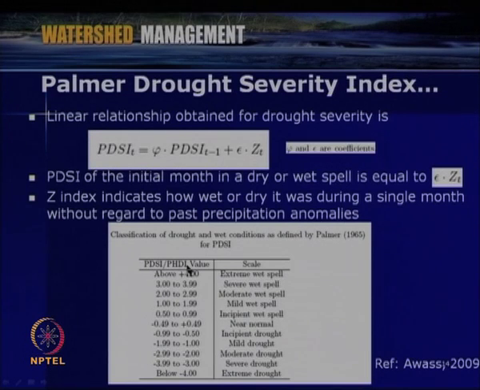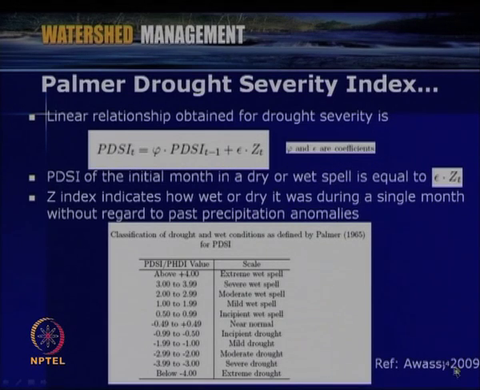So, PDSI value above 4 is an extremely wet spell, so much rain is there, and between 3 to 3.99 severe wet spell, then 2 to 2.99 moderate wet spell, 1 to 1.99 mild wet spell, then 0.5 to 0.99 incipient wet spell, minus 0.49 to 0.49 near normal, and minus 0.99 to minus 0.5 incipient drought, then minus 1.99 to minus 1 mild drought, minus 2.99 to minus 2 moderate drought, minus 3.99 to minus 3 severe drought, and below minus 4 extreme drought.